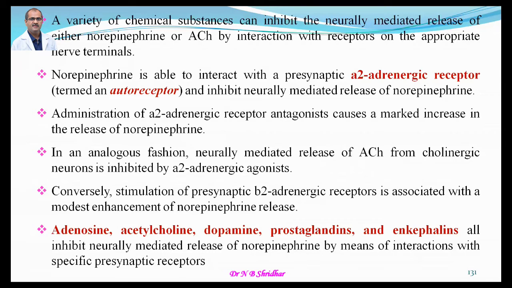The adenosine receptors, the cholinergic receptors, dopamine receptors, PGE type receptors, and enkephalin receptors all inhibit neurally mediated norepinephrine release by one mechanism or another.